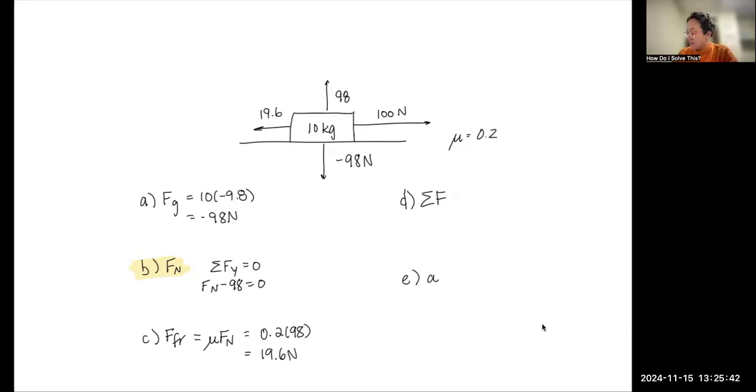So when we look at our net force in the x direction, which is the direction it's actually moving in, we get 100 minus 19.6 is 80.4 newtons. And then we can take that down for net force equals mass times acceleration, and we'll get an acceleration of 8.04 meters per second squared.